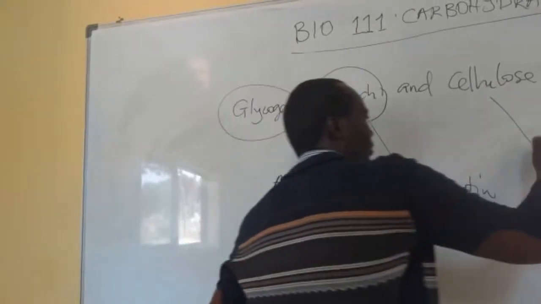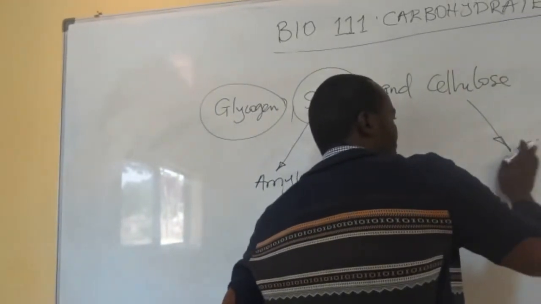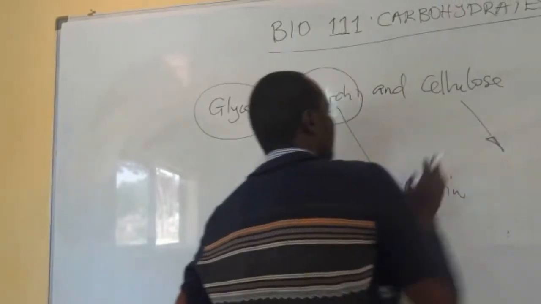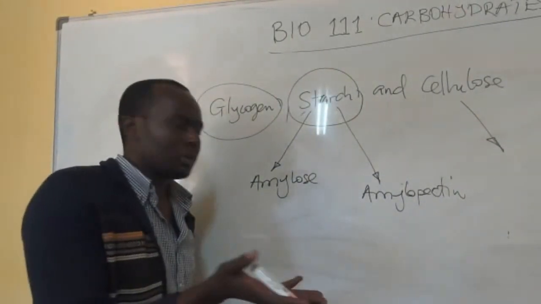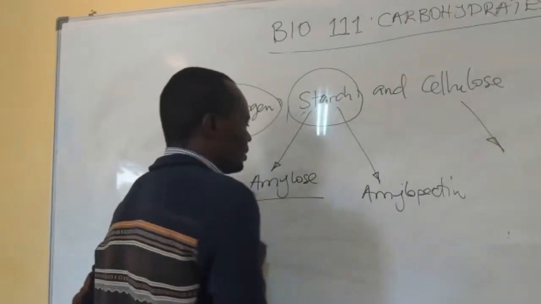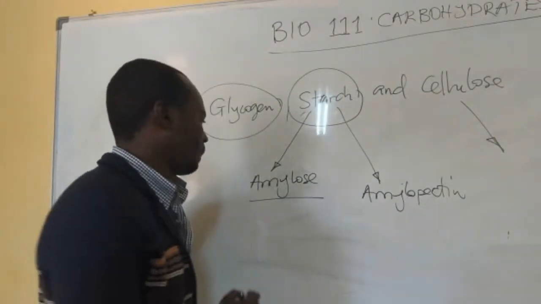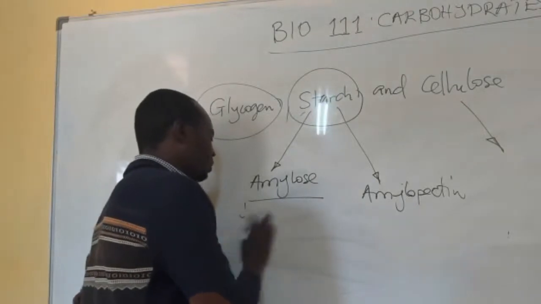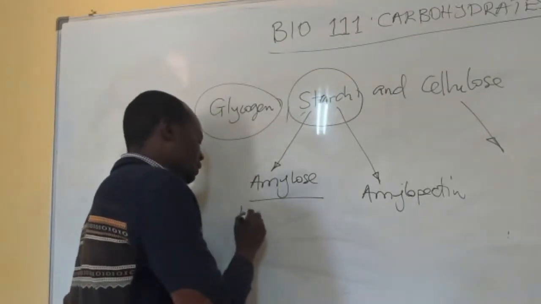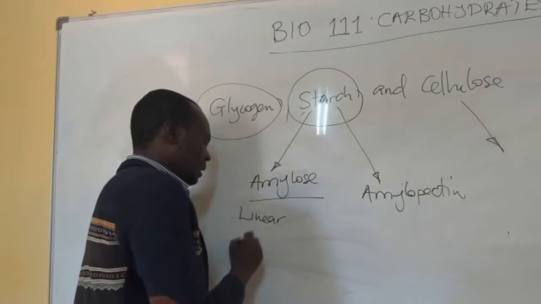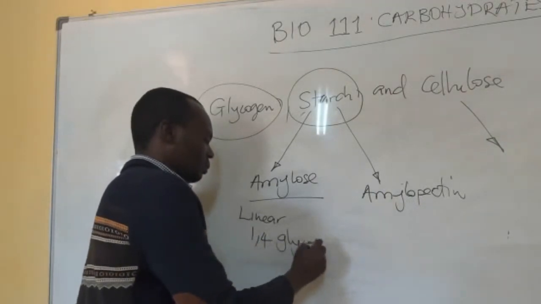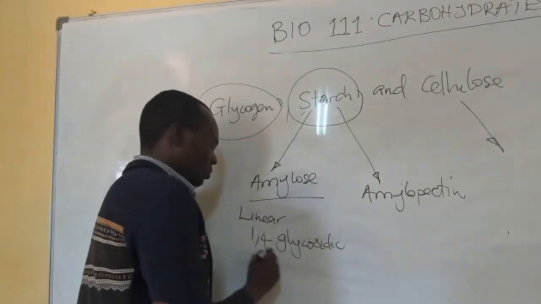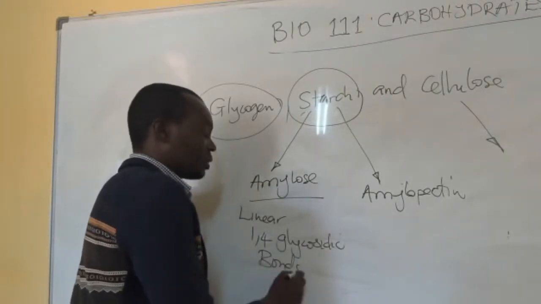Then you can also look at your cellulose. When you look at the difference between amylose and amylopectin, amylose is a form of starch which is linear and has 1,4 glycosidic bonds.